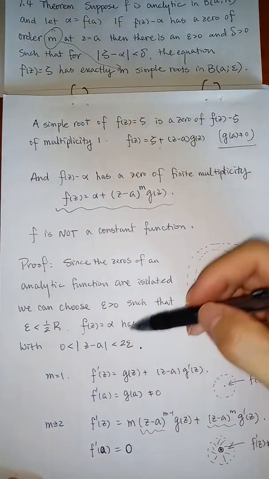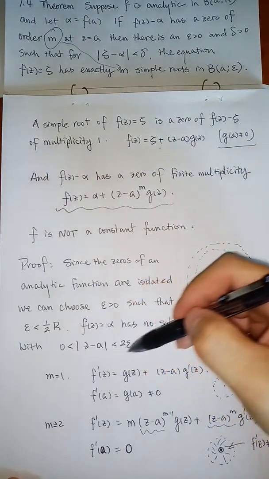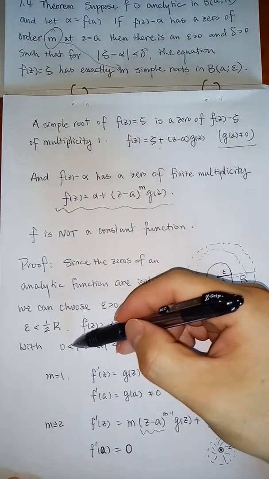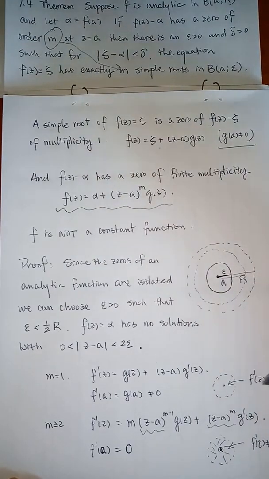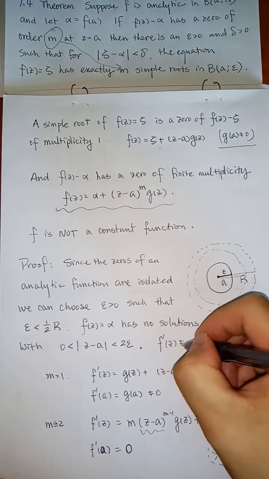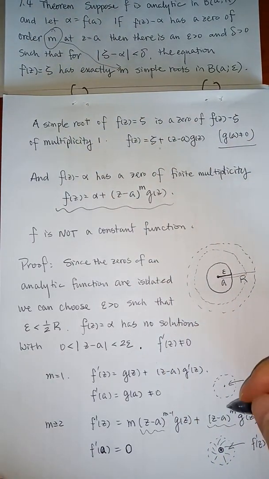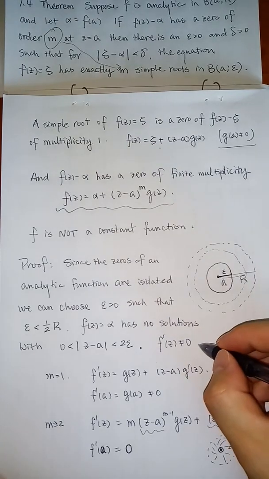Either way, we can choose a small enough epsilon so that in this disk, excluding the center, f prime of z is not equal to 0.